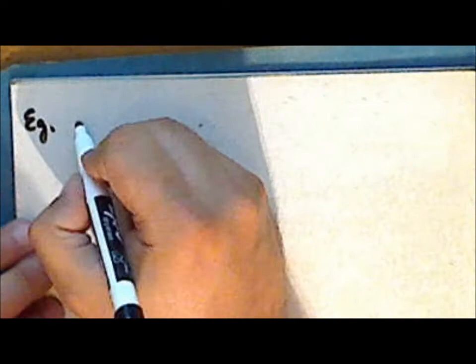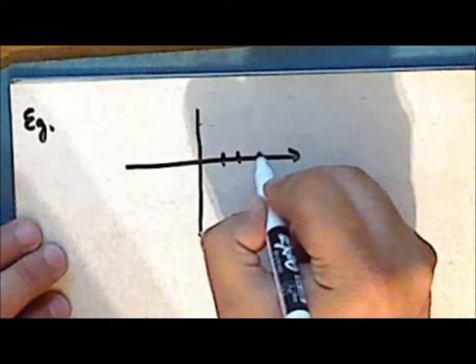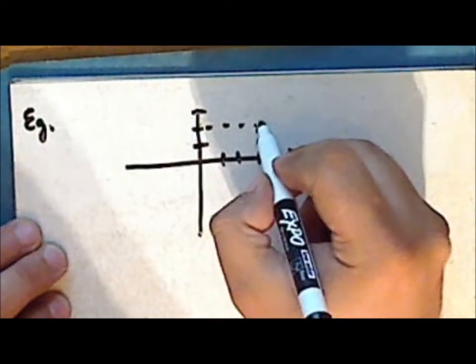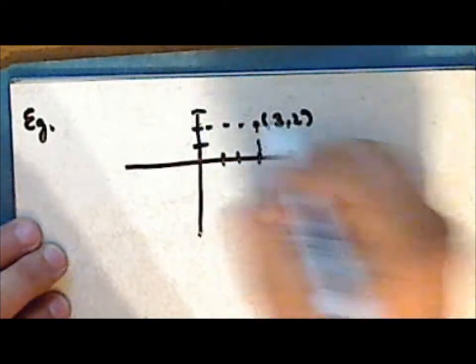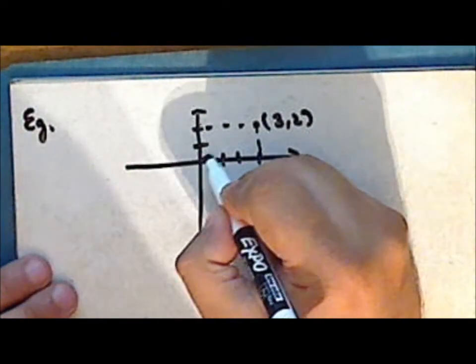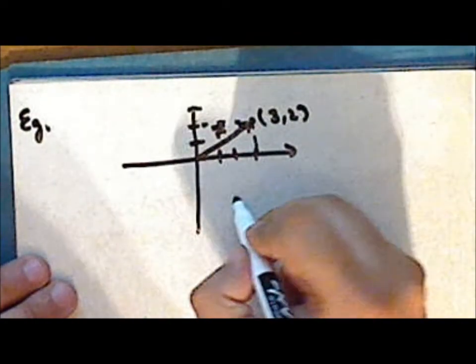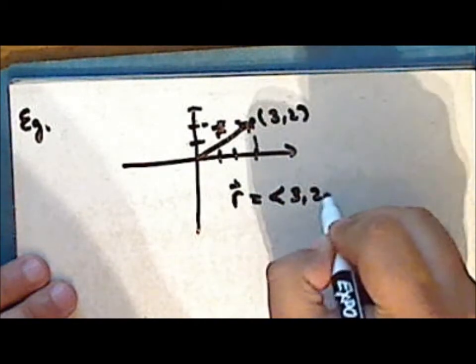All right, so we'll look at an example. We'll look at the plane. The point 3, 2 in the plane has the position vector r, where that position vector r has components 3, 2.